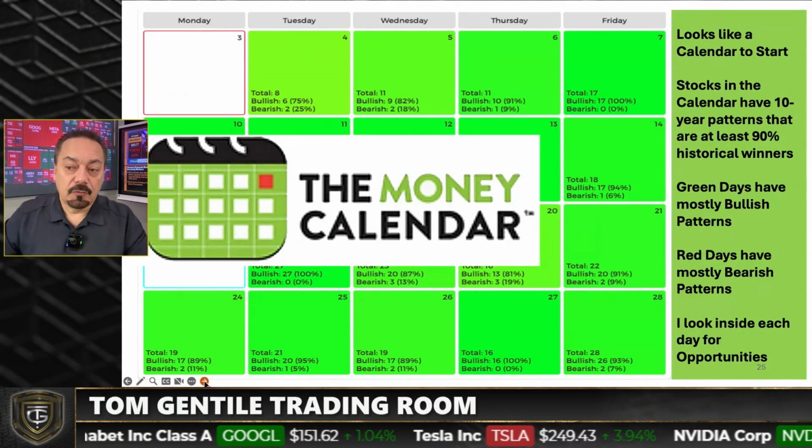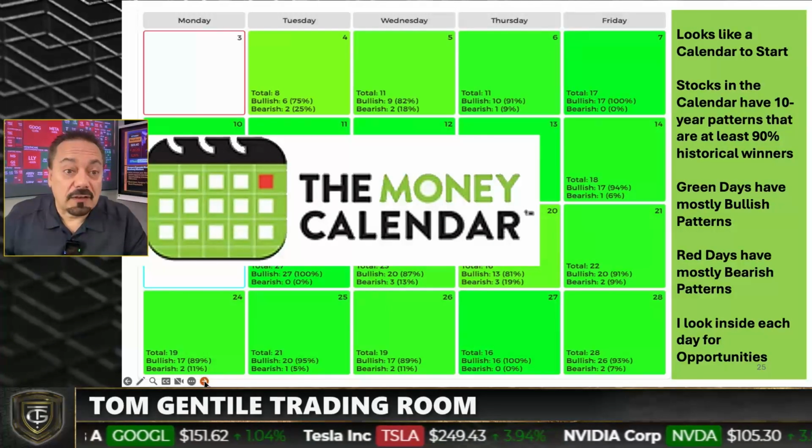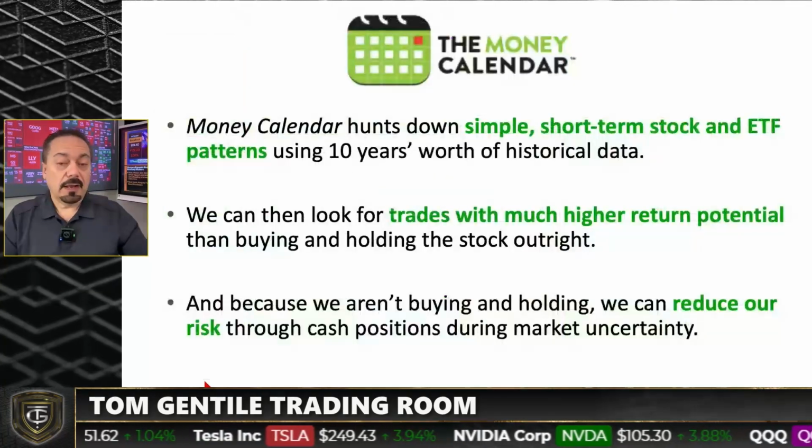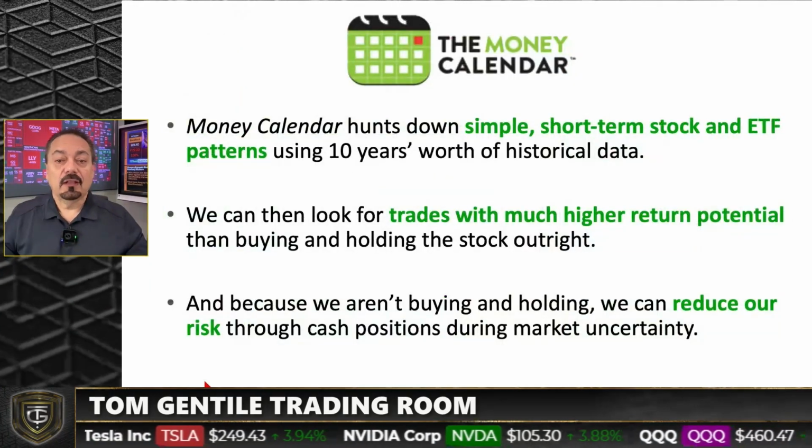I can go into a specific day, and I will hunt down these patterns. I look for higher potential return, and I look to reduce risk. By building the money calendar, I start with the top 325 stocks, a minimum of 10 years of data, and I look for stocks that produce more money now than they did during their entire life cycle.